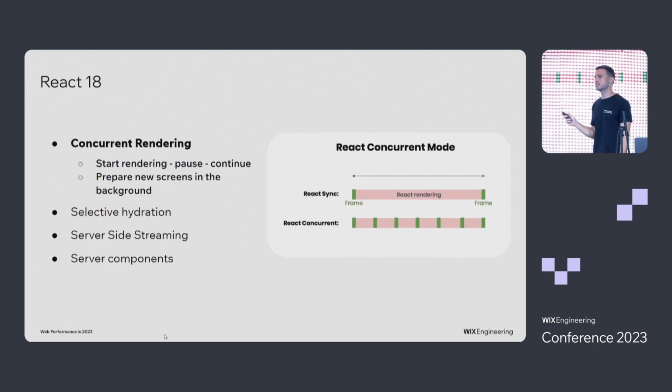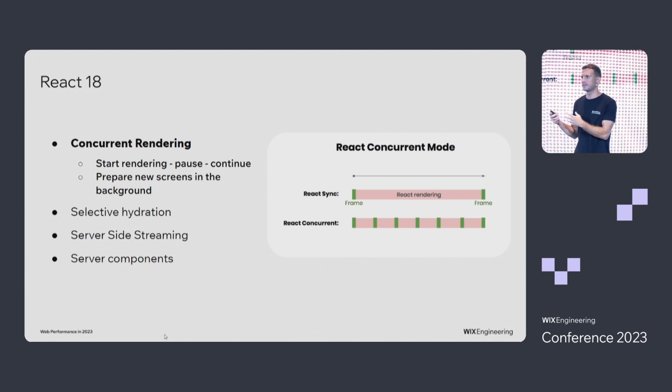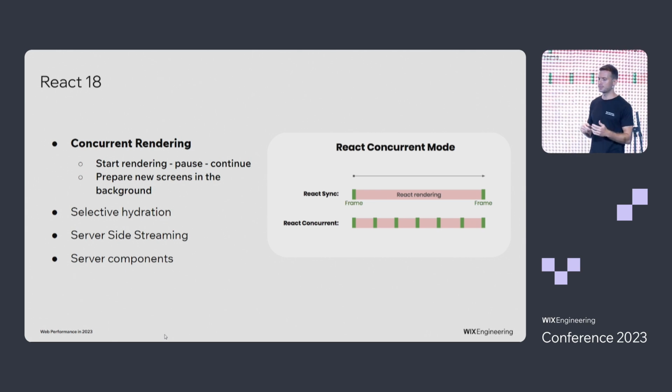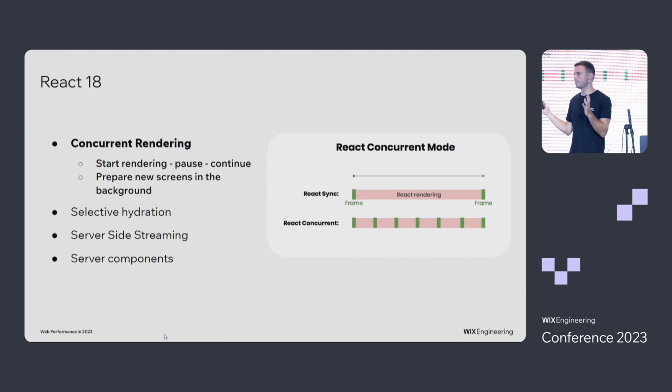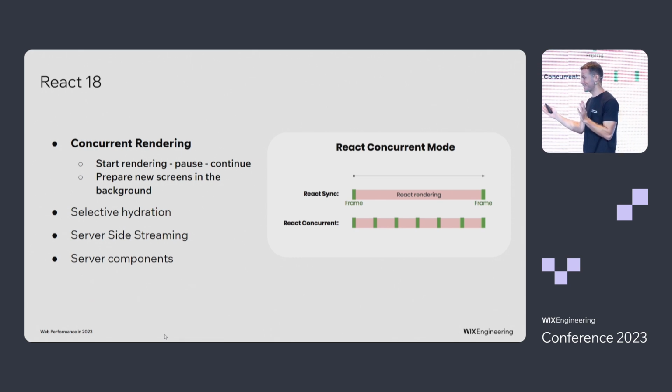The first one is not a feature that we can use as users of React, but it's kind of an implementation detail, a behind-the-scenes implementation of React, but it is important to understand. It's a big change, so it's important to understand how it works. Concurrent rendering means that instead of doing the rendering in one big, long process, it's split into multiple tasks.